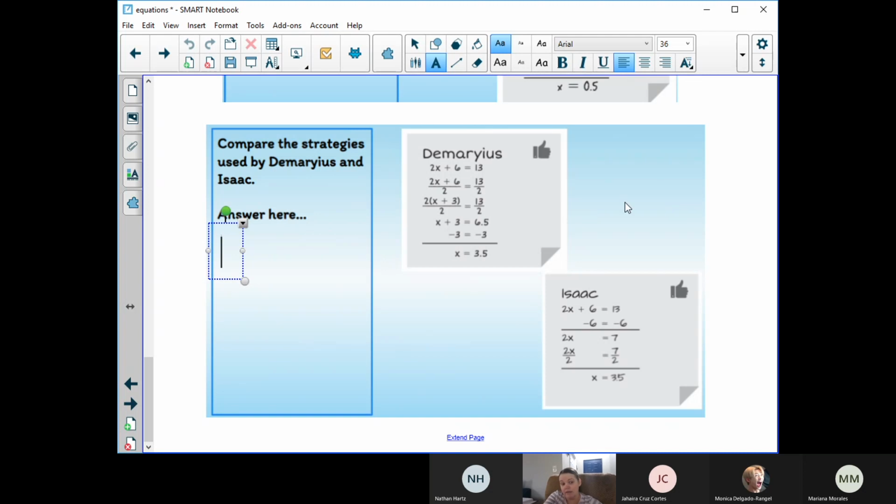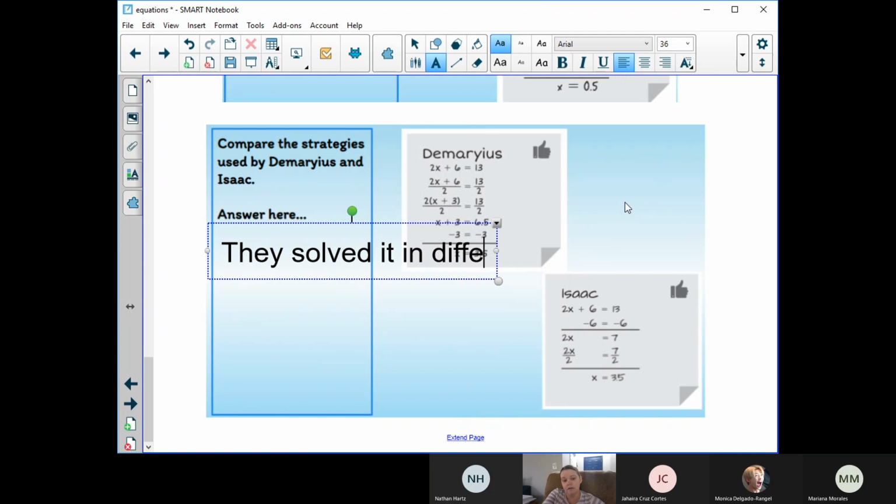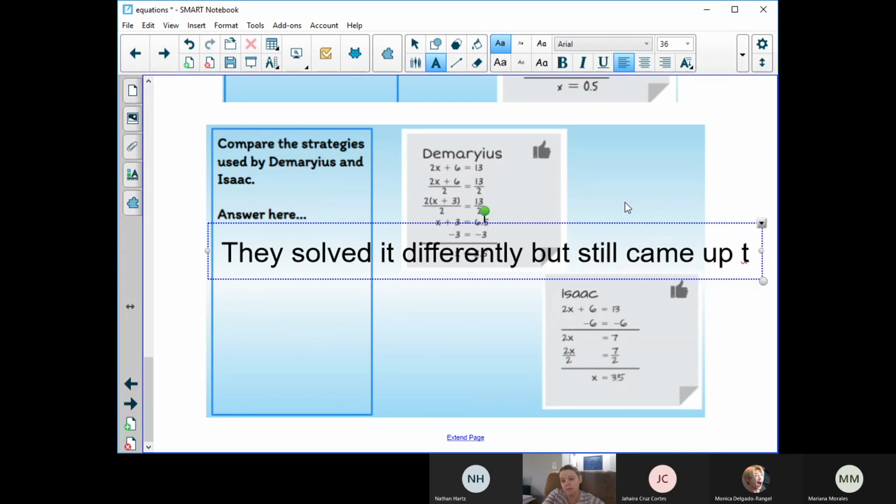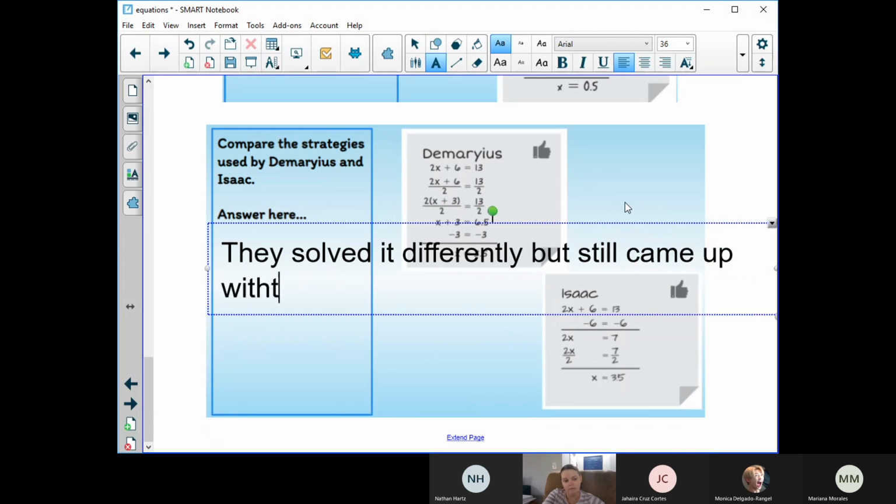So we could say that they solved it differently, but still came up with the correct answer.